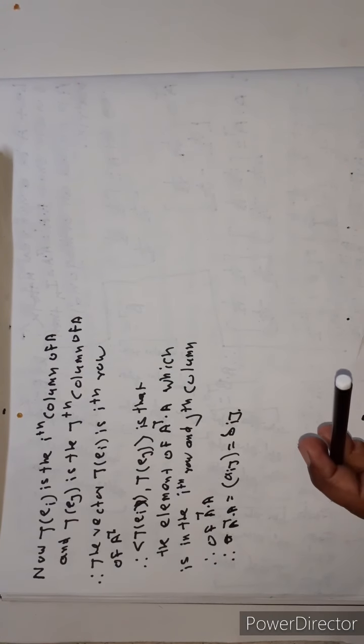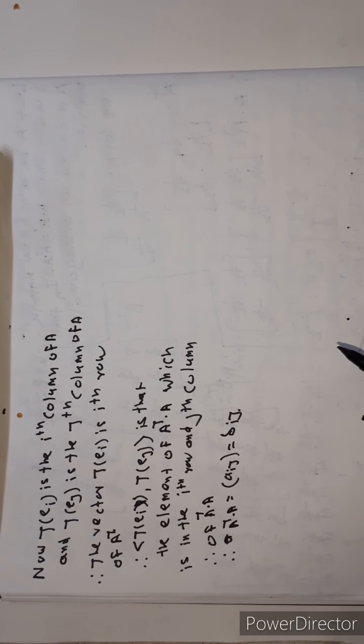Now see here, the vector T(Ei) is the ith column of the matrix A, made up of n-tuples, which are the elements of T(Ei), and T(Ej) is the jth column of A. Therefore, the vector T(Ei) is the ith row of A transpose, and therefore ⟨T(Ei), T(Ej)⟩ is that element of A transpose A which is in the ith row and jth column.